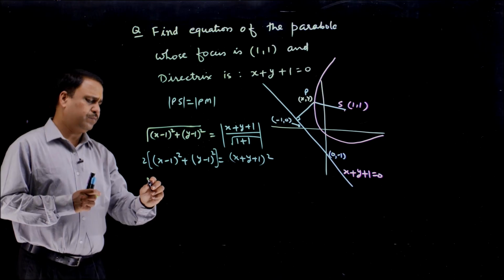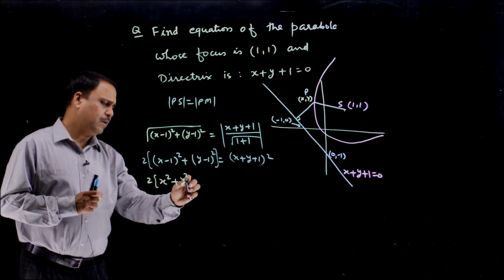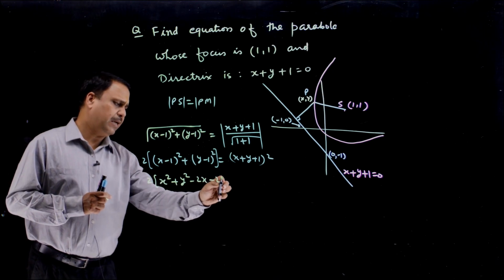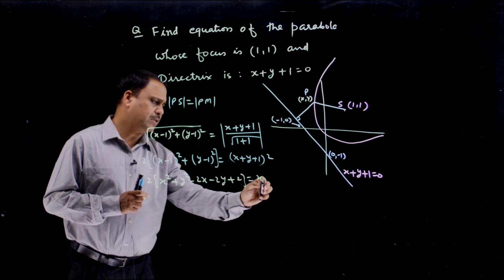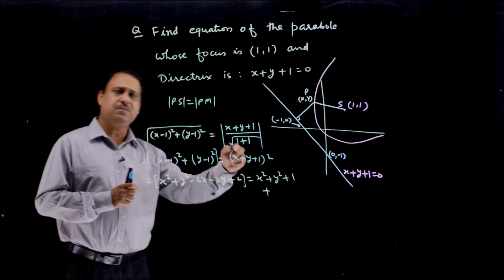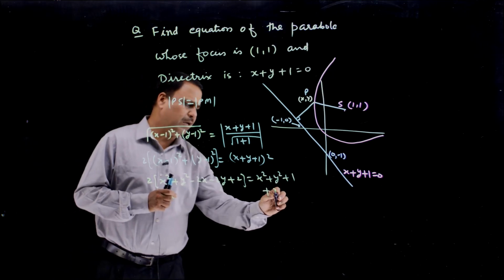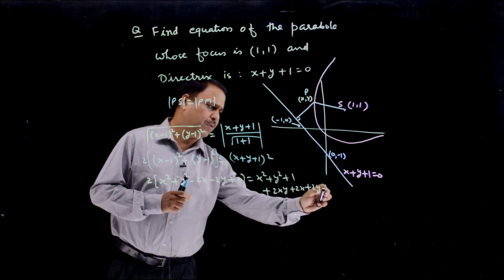2 into (x square plus y square minus 2x minus 2y plus 2) is equal to x square plus y square plus 1 plus 2xy plus 2x plus 2y, whole square expanded.